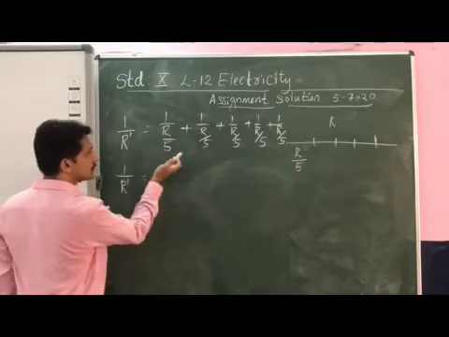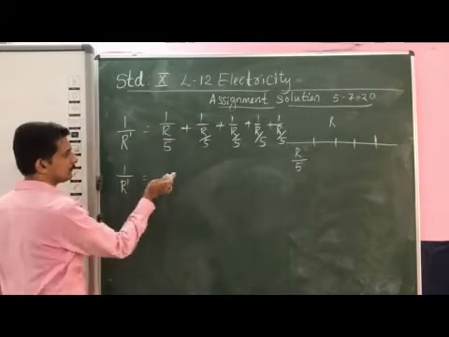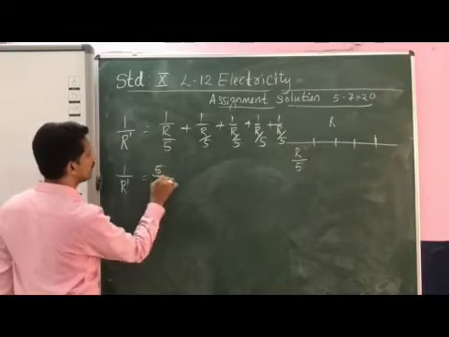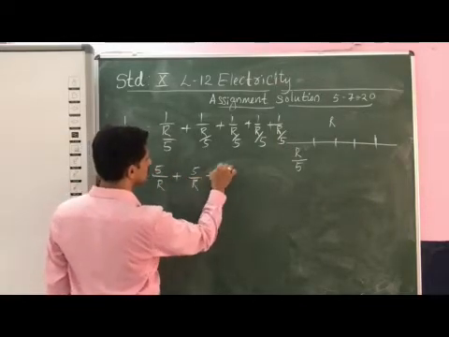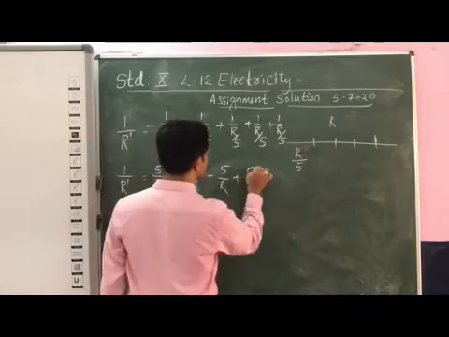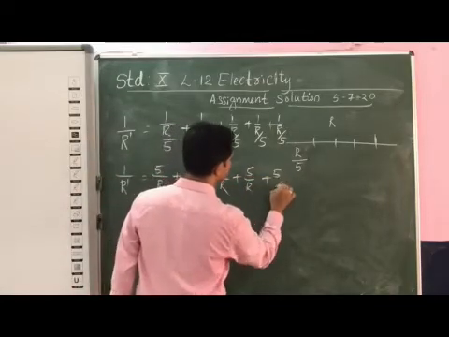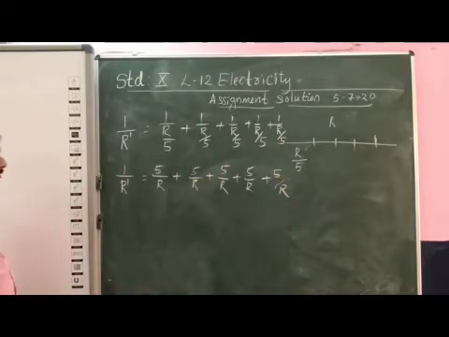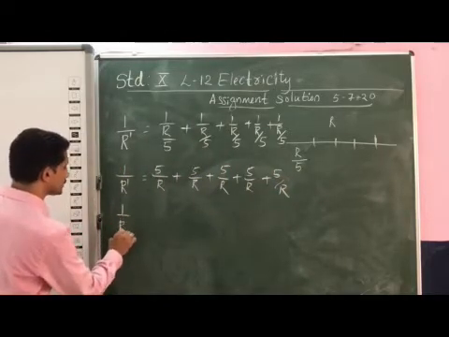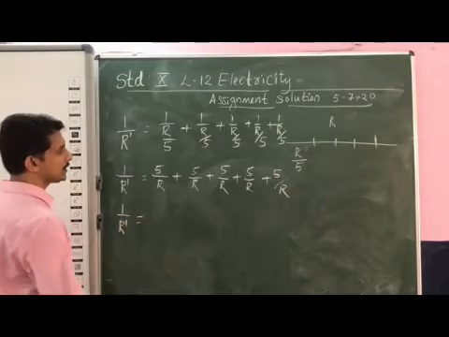If you are taking this, one more step we can write. It is 5 by R plus 5 by R plus 5 by R plus 5 by R plus 5 by R. Now you see that for 1 by R dash, we can take the LCM.